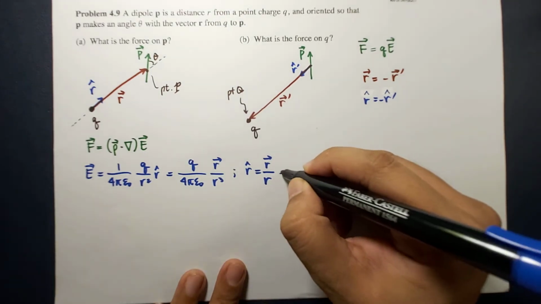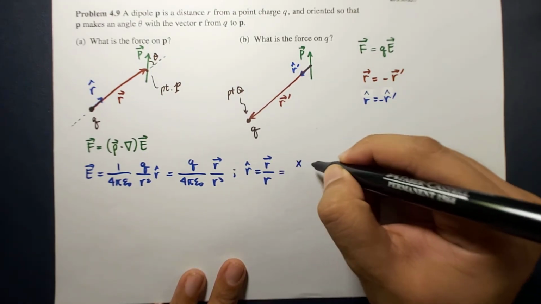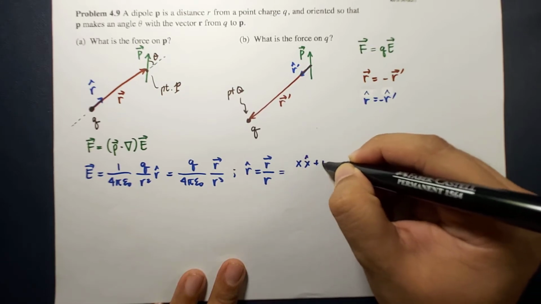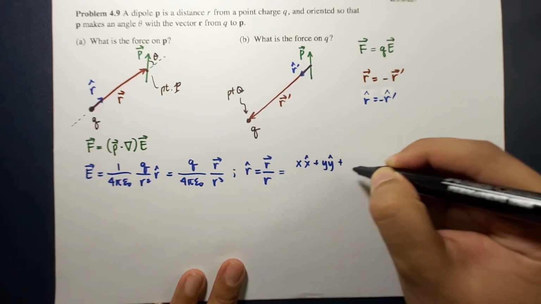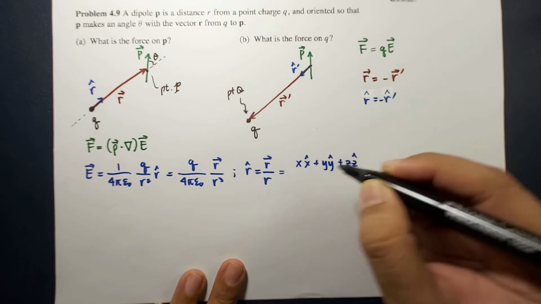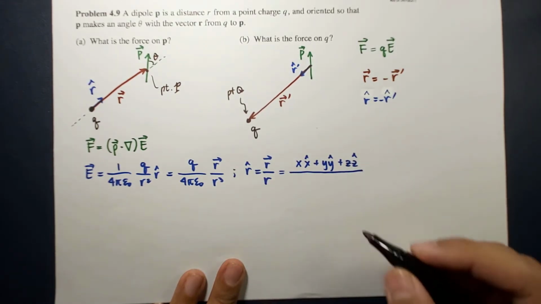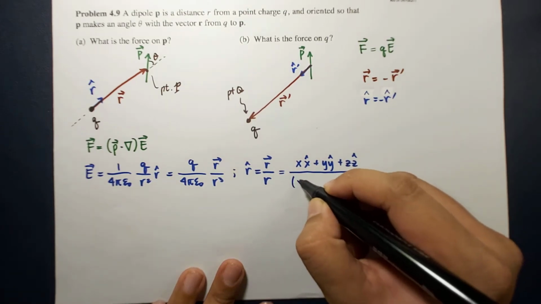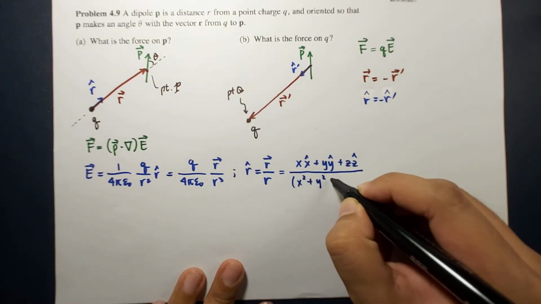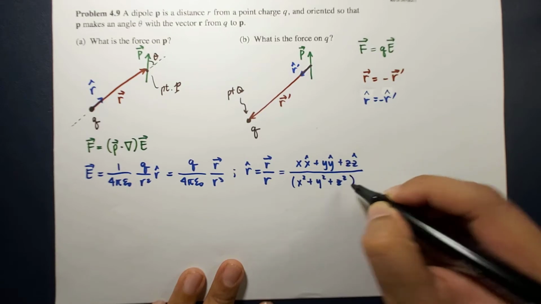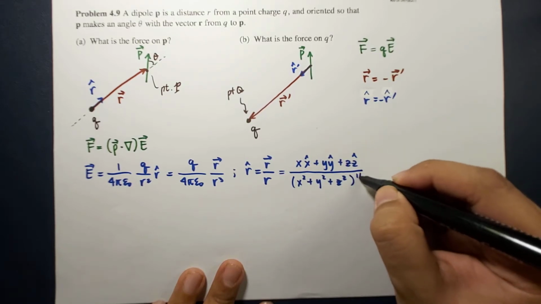So vector r over r times 1 over r squared is vector r over r cubed, which is equal to x hat plus y hat plus z hat divided by the magnitude of r, which is x squared plus y squared plus z squared to the 1/2.